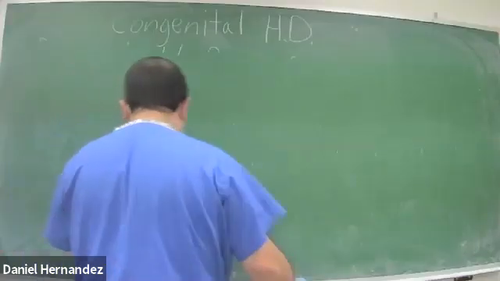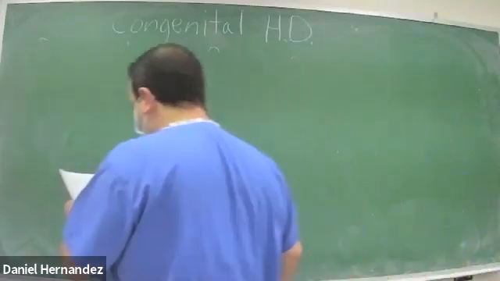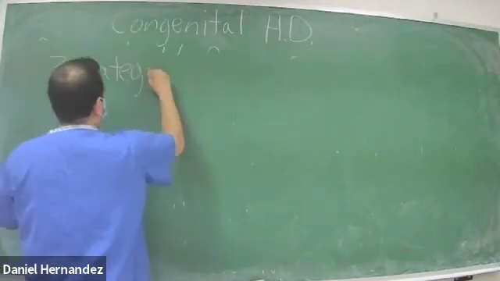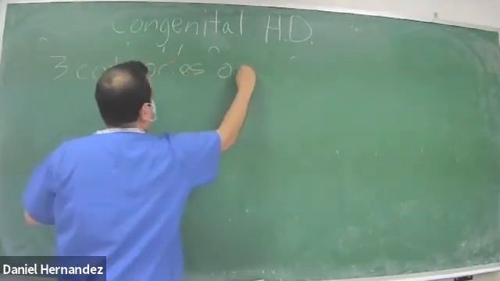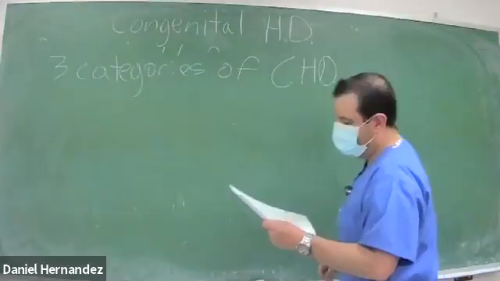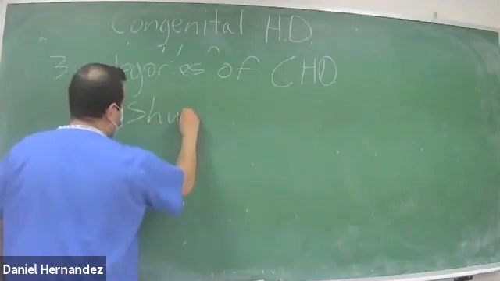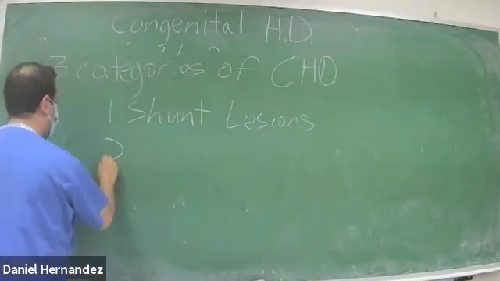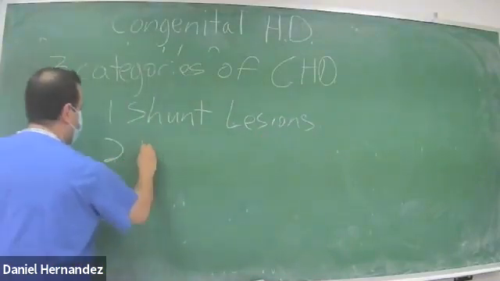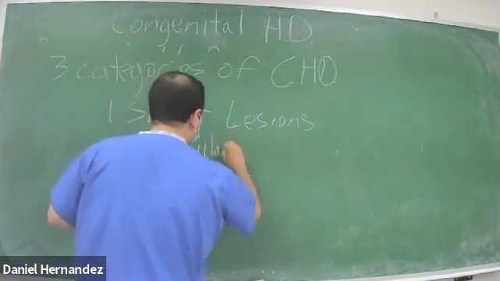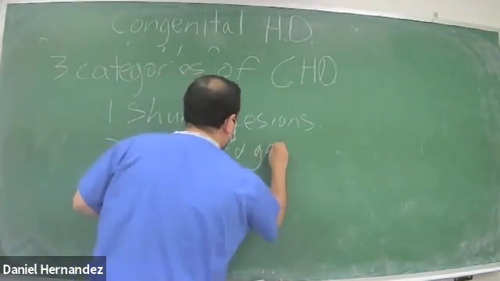So with congenital heart defects, they can be broken down into three categories of CHD. Our first one is going to be shunt lesions. Second one is going to be valvular and great vessels.